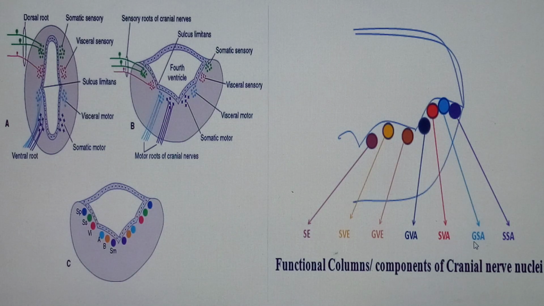Then the next one that we look at is GSA, general somatic afferent. One thing I want you to know about the head region is that, as far as general sensations are concerned, the nerve carrying them is the trigeminal nerve, the 5th cranial nerve, by way of the ophthalmic nerve, the maxillary nerve, and the mandibular nerve.